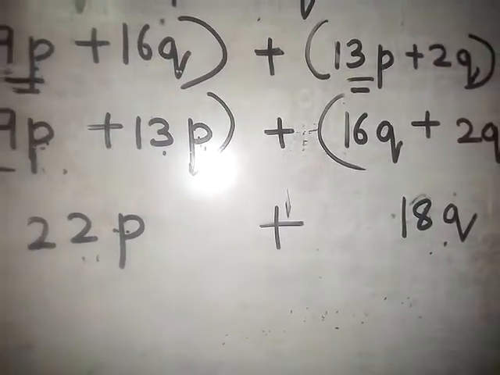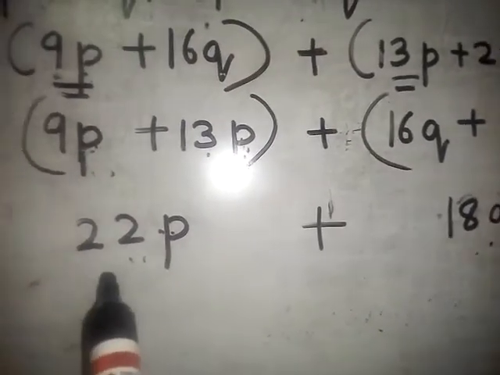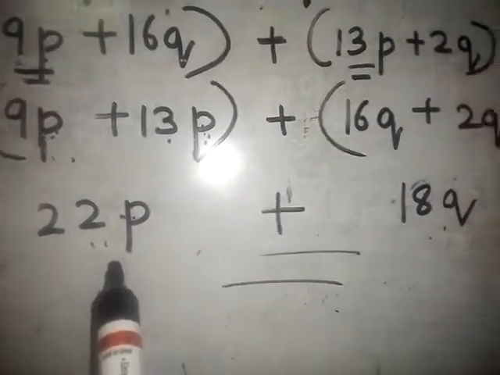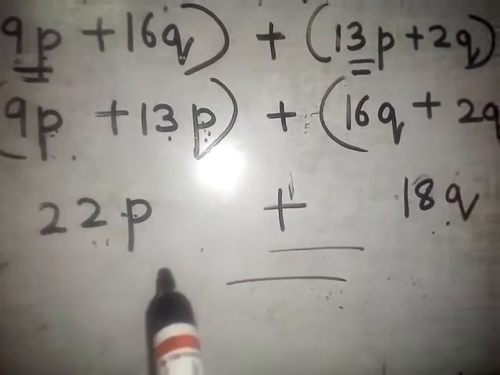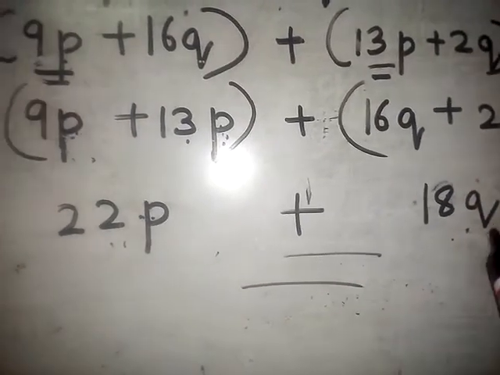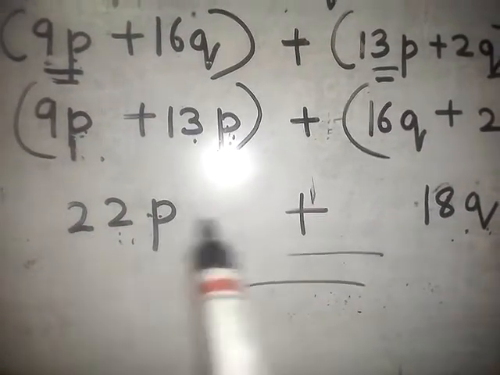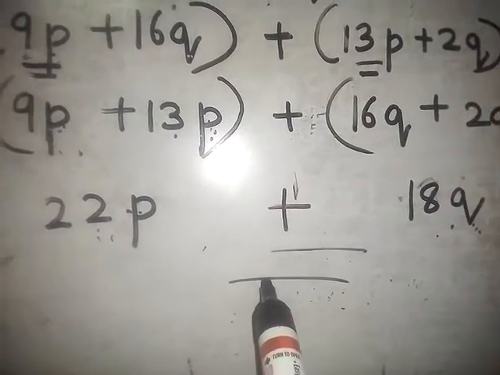Variables which are different, with different powers, cannot be added. Now you got the answer 22p plus 18q. This is the answer because you got different variables here. After adding, p and q are different variables. So if you have different variables, you cannot add the numbers. So this is the answer.